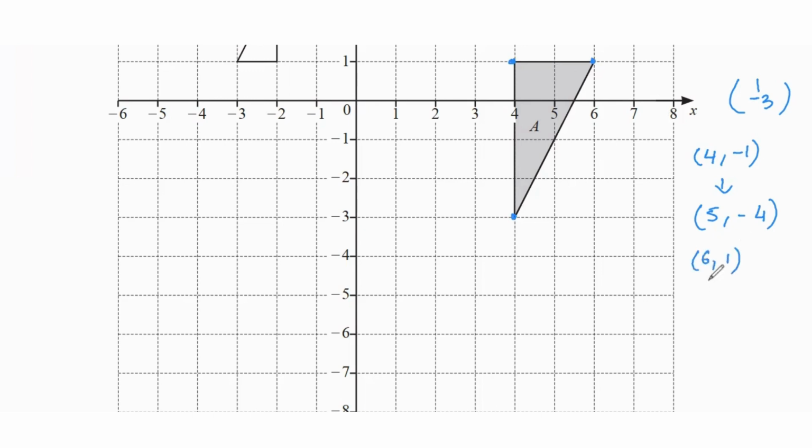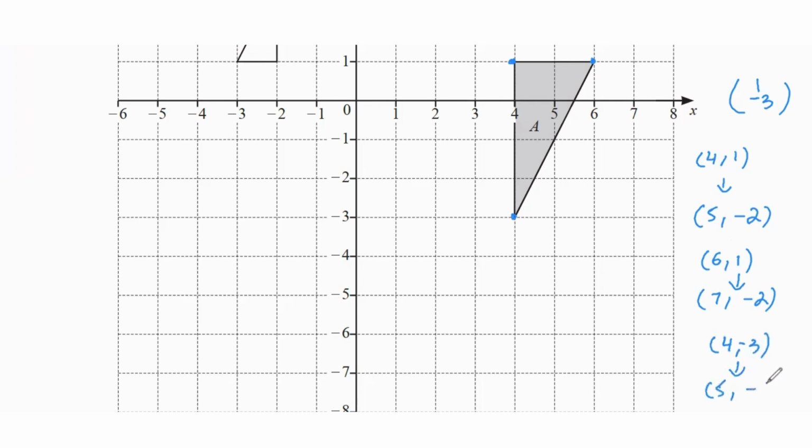(6, 1) will become (7, -2). And (4, -3) will become (5, -6). (5, -6) is over here. (7, -2) is over here.